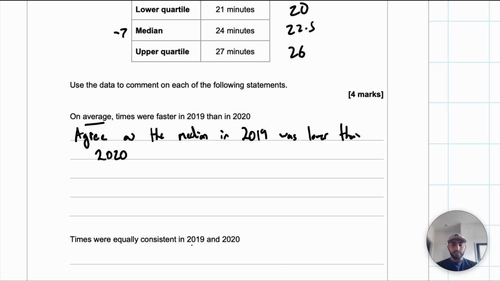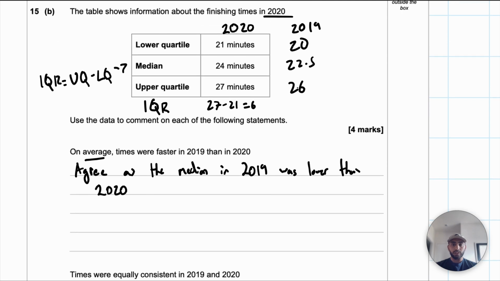Times were equally consistent in 2019 and 2020. This is talking about the spread of the data, and the way we work that out is by finding the interquartile range. The interquartile range is just the upper quartile minus the lower quartile. Upper quartile is 27, lower quartile is 21, so 27 take away 21 is 6. Then for 2019, 26 take away 20 is 6.